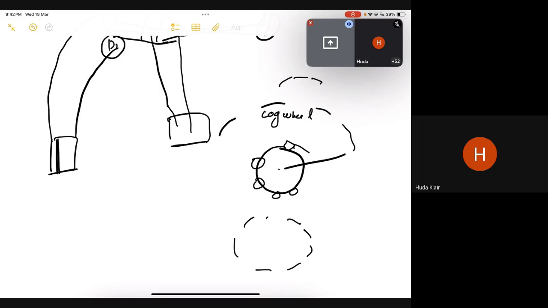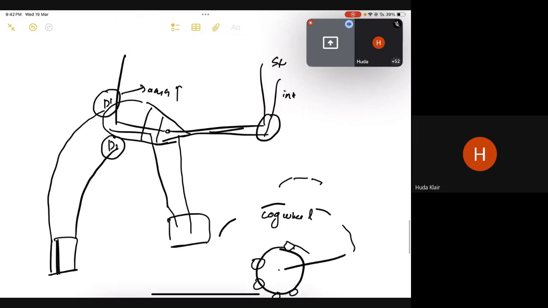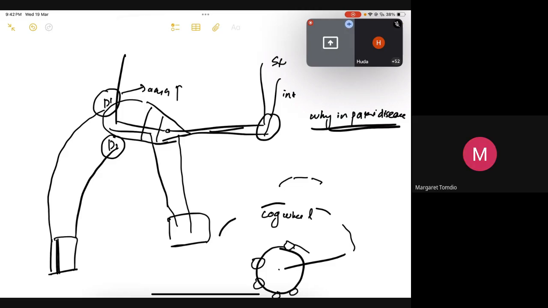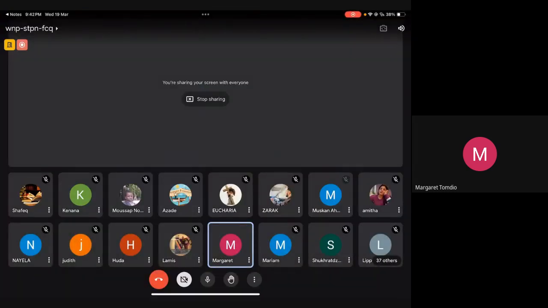And why do we have rigidity, by the way? Why do we get rigidity in Parkinson disease? Yes, because of the dopamine. Who is going to tell me why we have rigidity in Parkinson's disease?